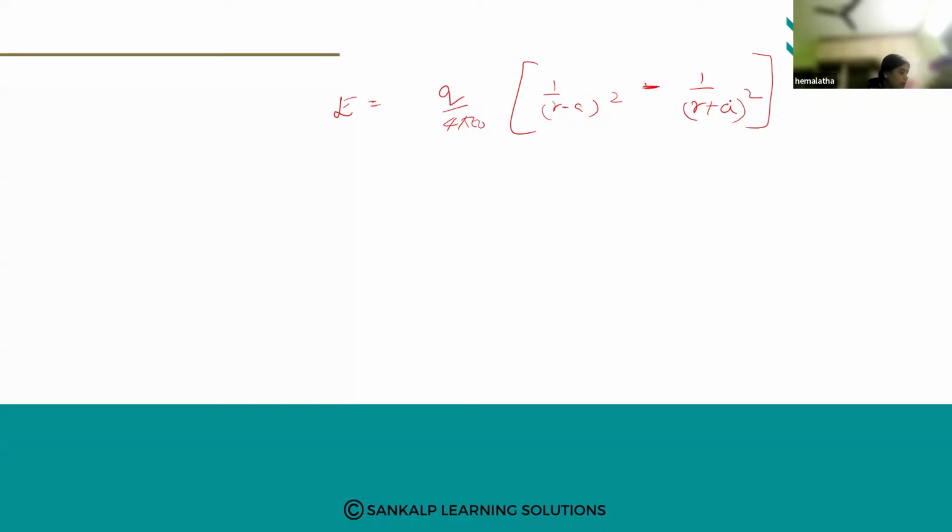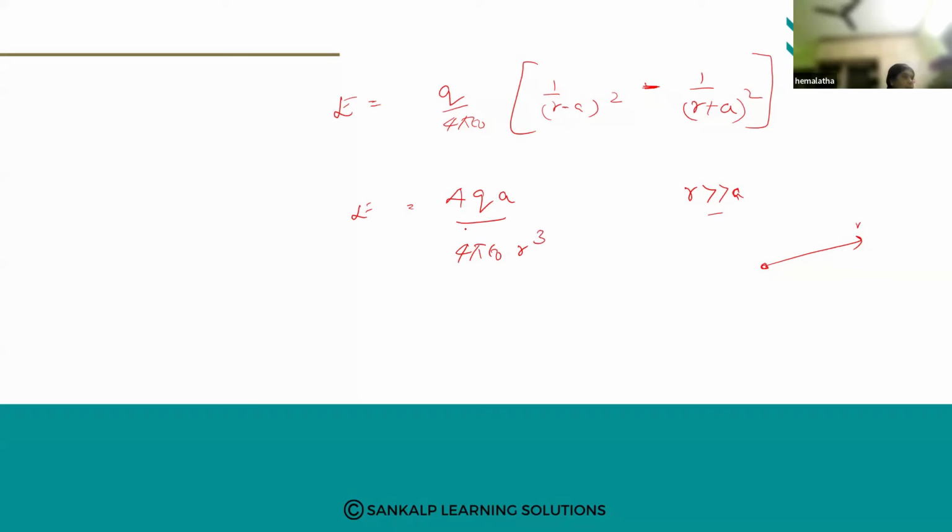If r is very, very greater than a, this distance from this point is very much greater than a, then a is neglected in the denominator. So E is equal to 4 times q into a divided by 4 pi epsilon naught into r cube.